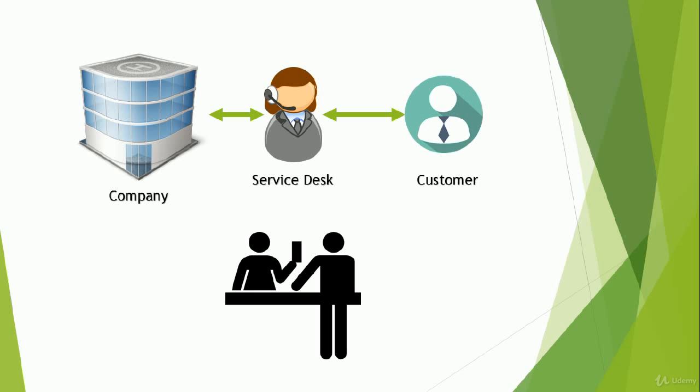The service desk person will inform the team members of his company to resolve the issue. The team members will pick up the issue and try to resolve it. If they are not able to resolve it, they will inform the appropriate team again, and they will try to. So this goes on.